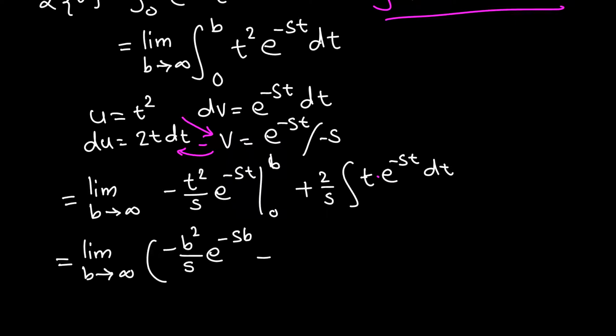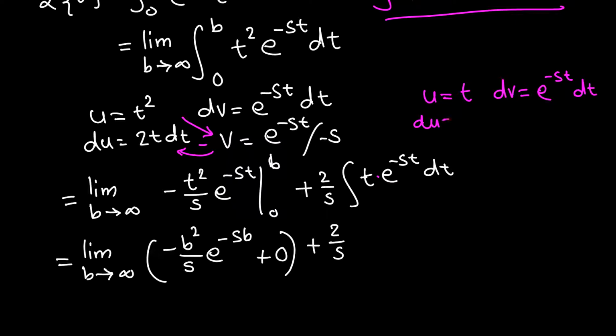At t equals 0, everything is 0, plus 2 over s. Now we need to do another integration by parts. So this is your u, let me write over here. So u is t and dv is the remaining, like earlier, e to the negative st dt.